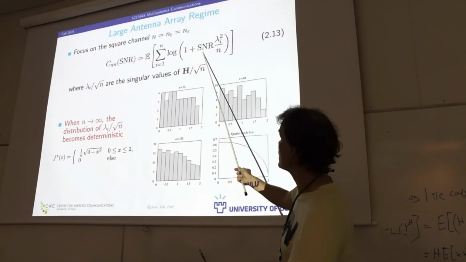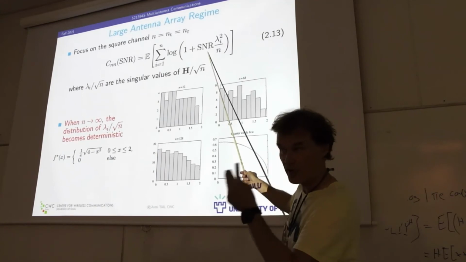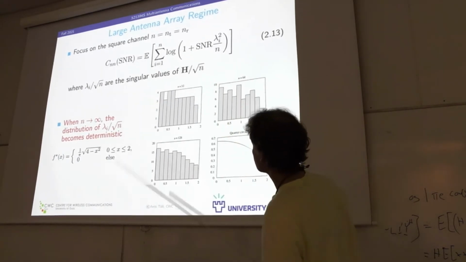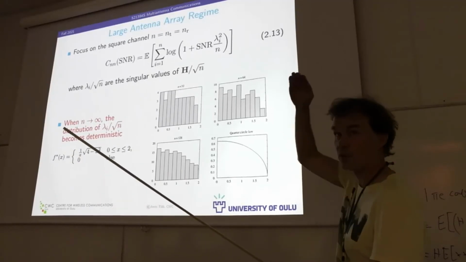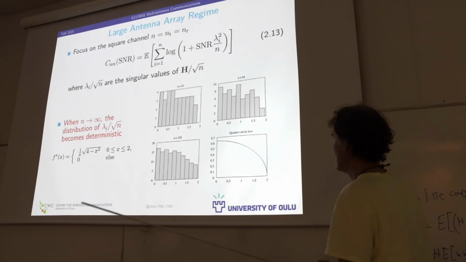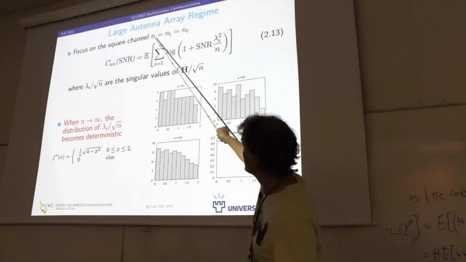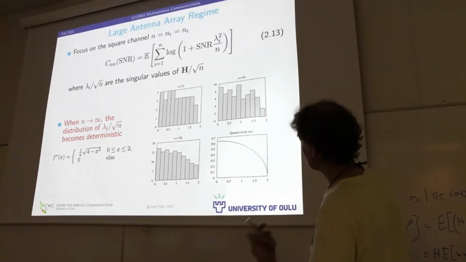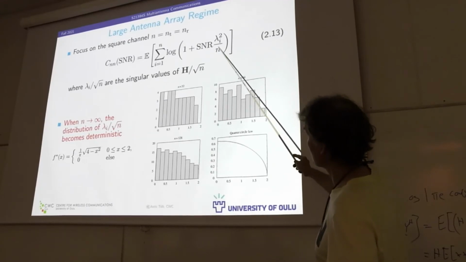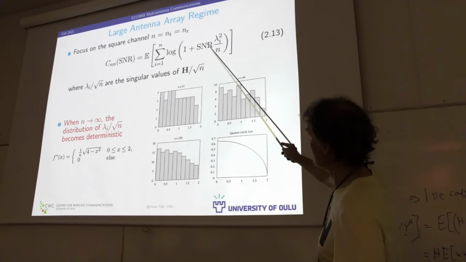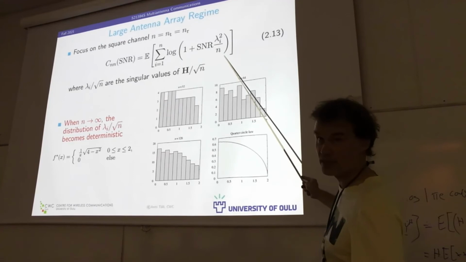SNR over n is the power allocation per eigenmode. You don't lose anything asymptotically using equal power loading in this scenario. But we can also interpret this differently: we have the unnormalized SNR, but then a normalized channel.